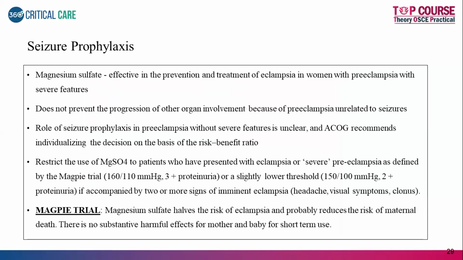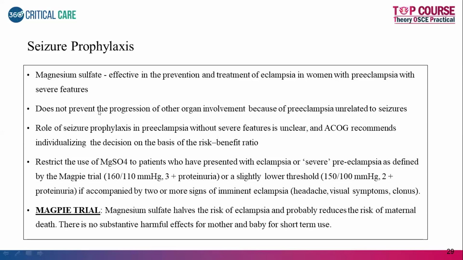Then comes seizure prophylaxis. This patient still has no seizures, but is there a role of seizure prophylaxis in preeclampsia patients? So we are going to see. What seizure prophylaxis do we usually give? It is magnesium sulfate. Magnesium sulfate is effective in the prevention as well as treatment of eclampsia in women with preeclampsia with severe features. So any patient with preeclampsia with severe features, you can give seizure prophylaxis in the form of magnesium sulfate.